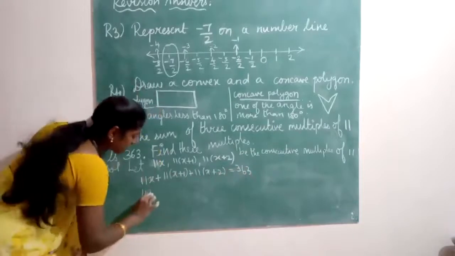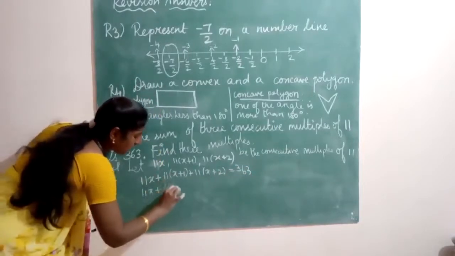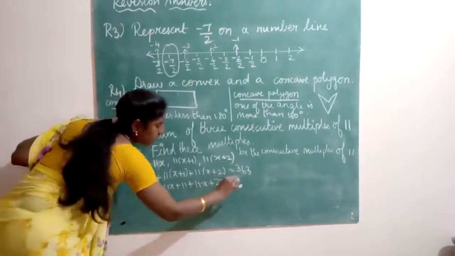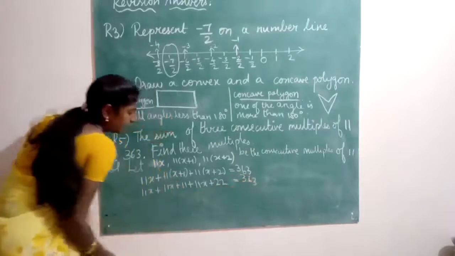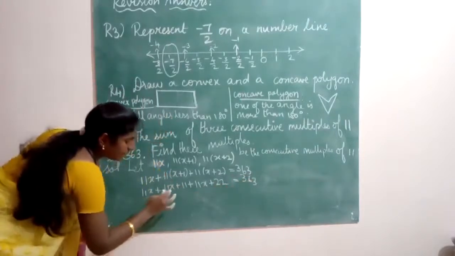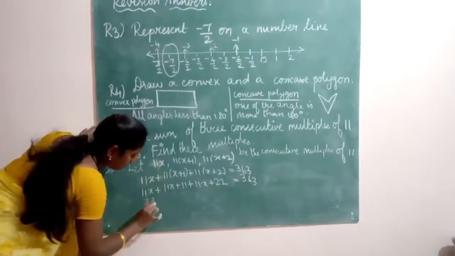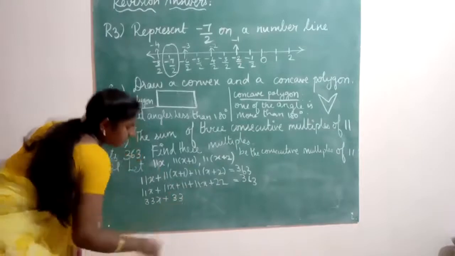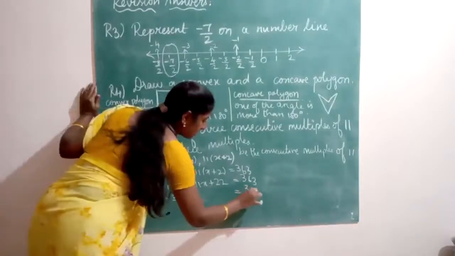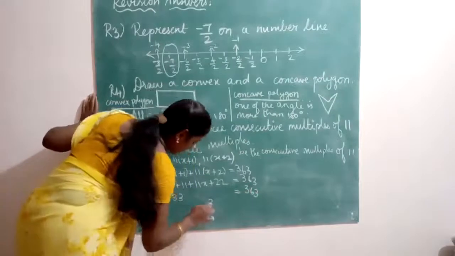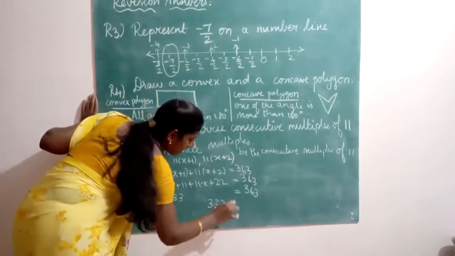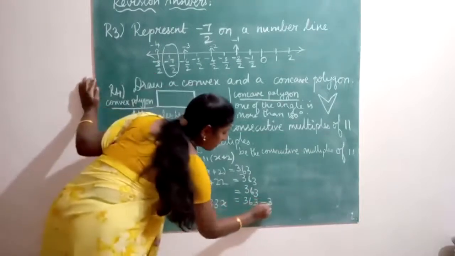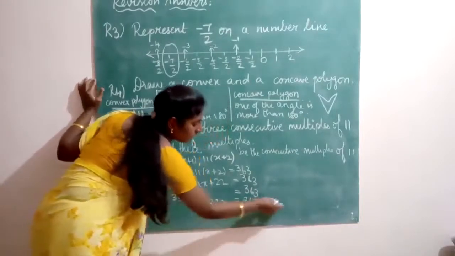That is 11x plus 11x plus 11 plus 11x plus 22 is equal to 363. Here you have 11x, 11x, 11x, that is 33x plus 11 plus 22, that is 33, equal to 363. Simply you will have only 33x equal to 363 minus 33.